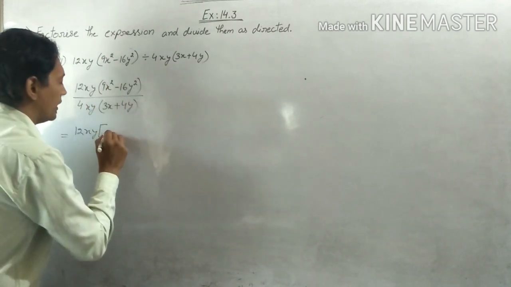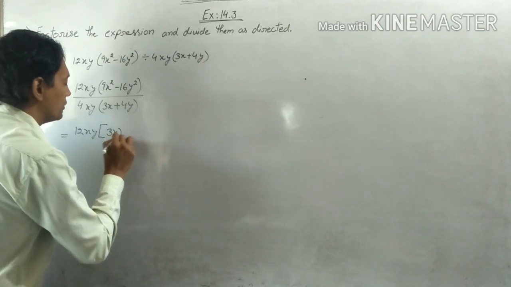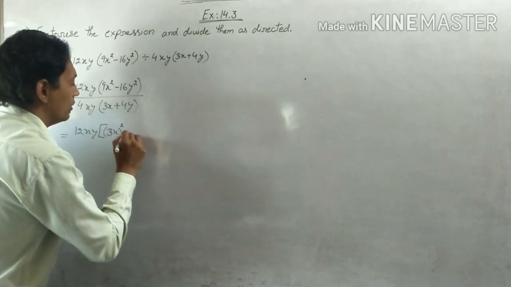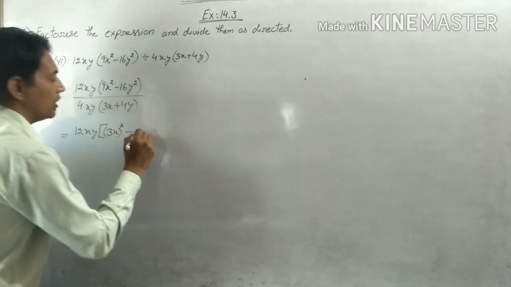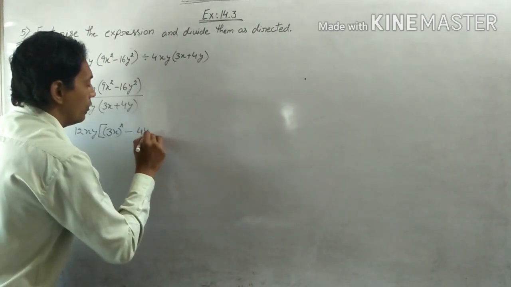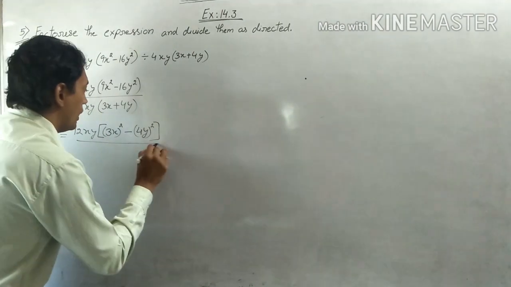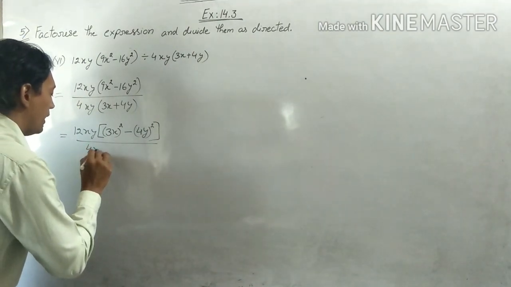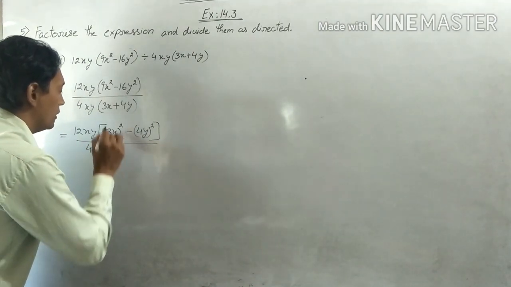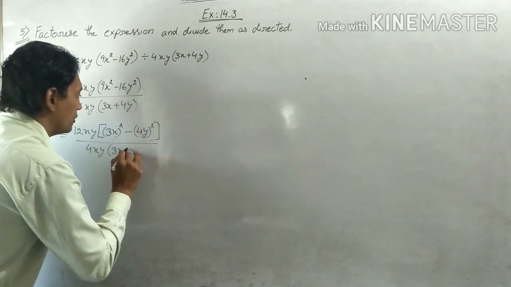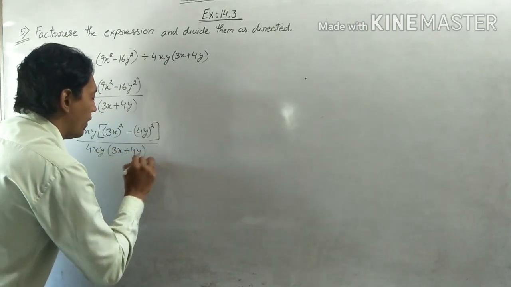9x square can be written as 3x whole square, minus 16y square can be written as 4y whole square. Bracket close. Now 4xy into 3x plus 4y.